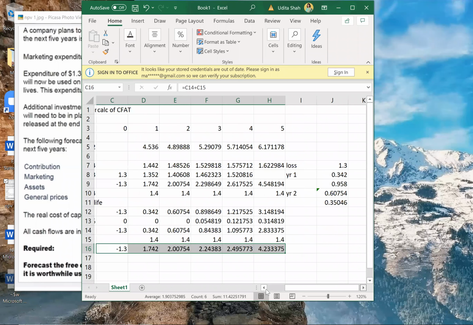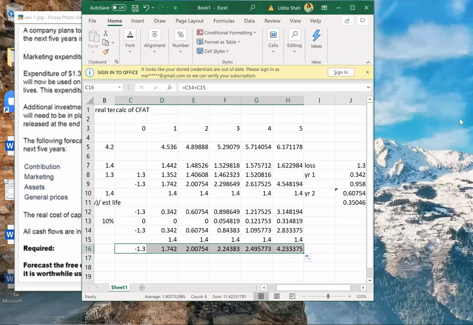Just check if you're getting this answer, and put a yes in your chat box if you're getting this answer, so I can move ahead. See if you are getting these CFTs.